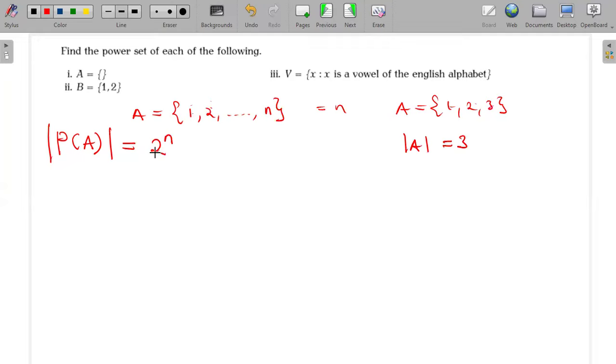This is how I know how many subsets there are. So in this case, for this A, where we found n to be 3, I have 2 to the power 3, which is 8. So the power set should have 8 subsets in it. That's how we are going to get that.